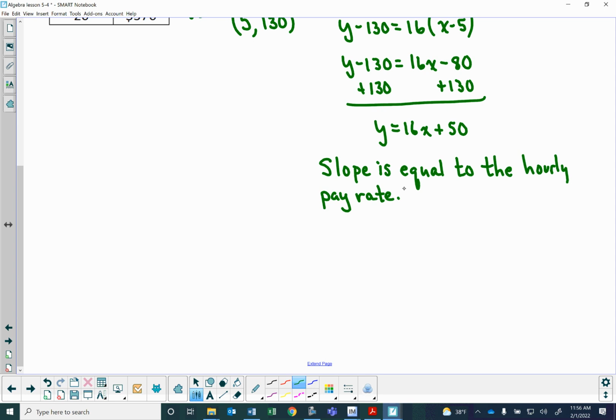What does he do that allows him to do that? It depends. Maybe you're a person who works on commission. You earn $50 a pay period whether you sell any items or not. But if you sell more items, you're going to earn $16 on top of that, or $16 times every item you sell, whatever. So the slope is equal to the hourly pay rate here, and the y-intercept is a fixed amount that he earns each pay period.